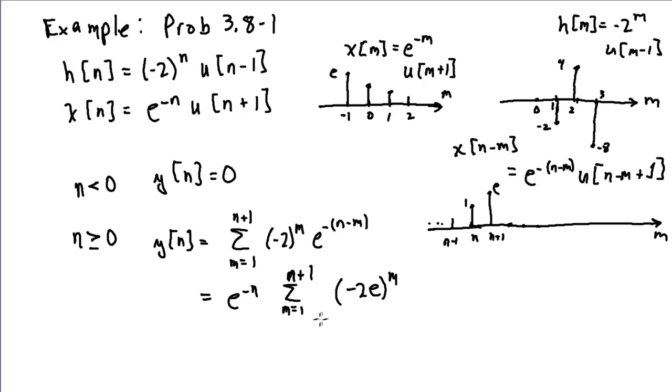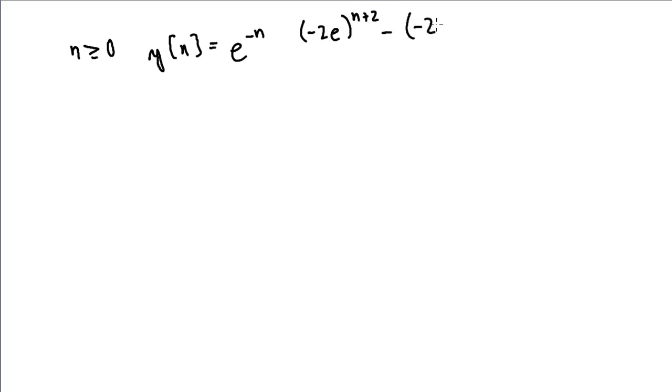This summation is one of those listed in the table, so using the table, for the case where n is greater than or equal to 0, I get the output is e to the minus n, and then that summation I can write as minus 2 e to the n plus 2 minus 2 to the e times e to the first power, all over minus 2e minus 1.